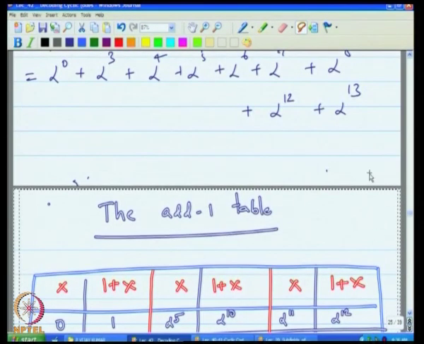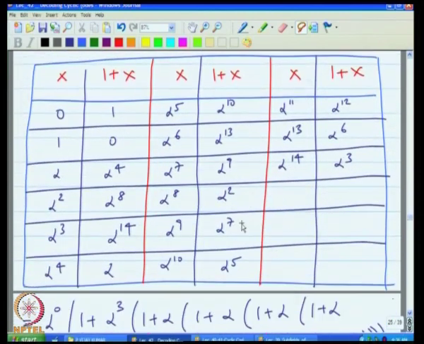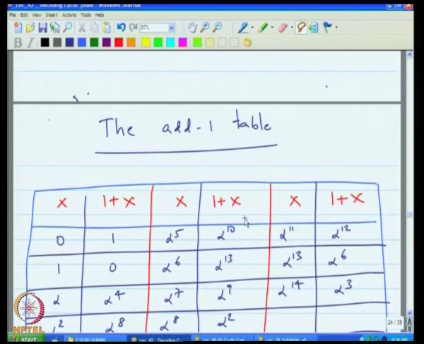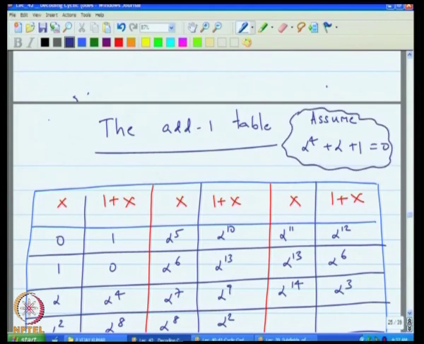In using Horner's method, I have also used the add1 table for this finite field. I am going to assume in the computations that alpha 4 plus alpha plus 1 equals 0, that is, alpha is the primitive element in the particular finite field.